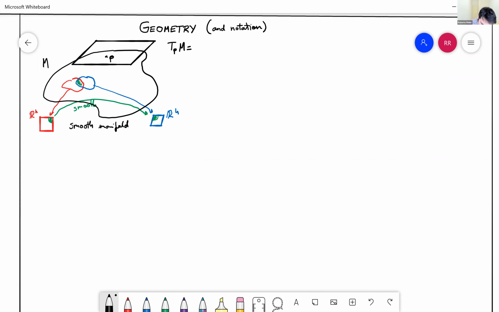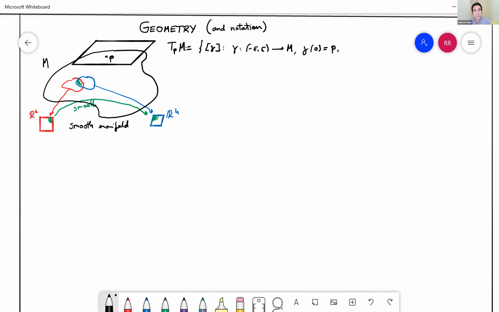You can define tangent vectors directly as derivations, but I like to think of them as curves going from some neighborhood of 0 to your manifold, passing at time 0 through p.